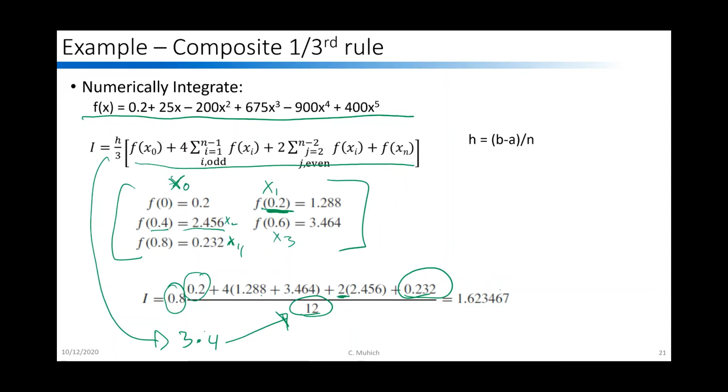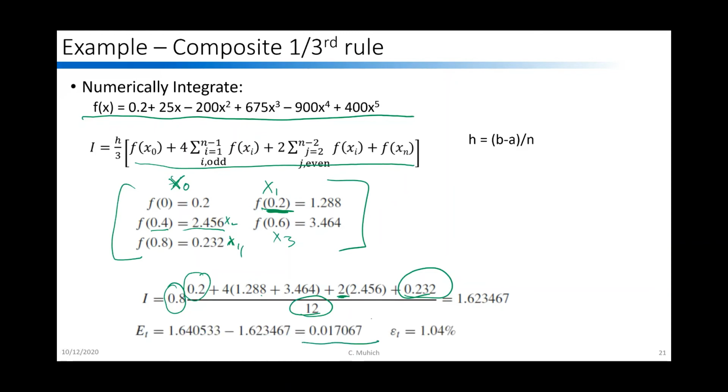If I compare this to my true value, which is 1.64, we can see that I'm getting very close. In this case, I'm only 1% off.